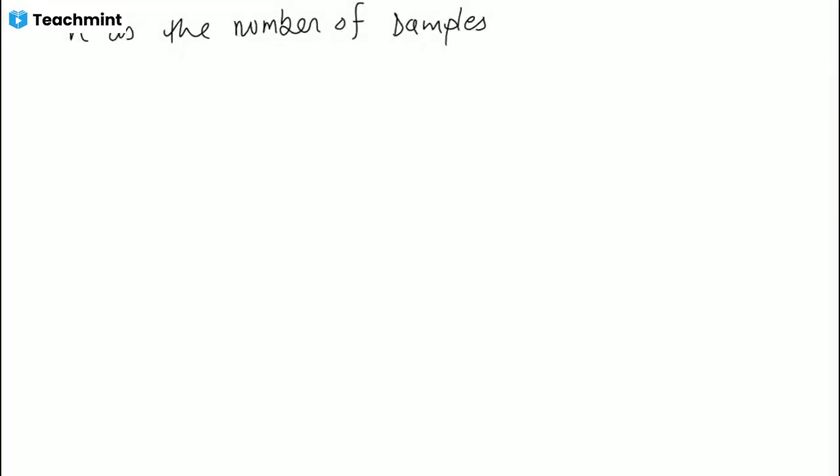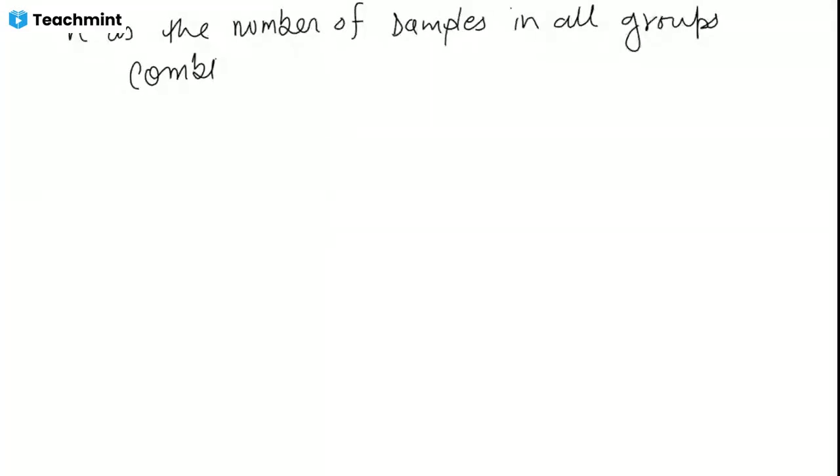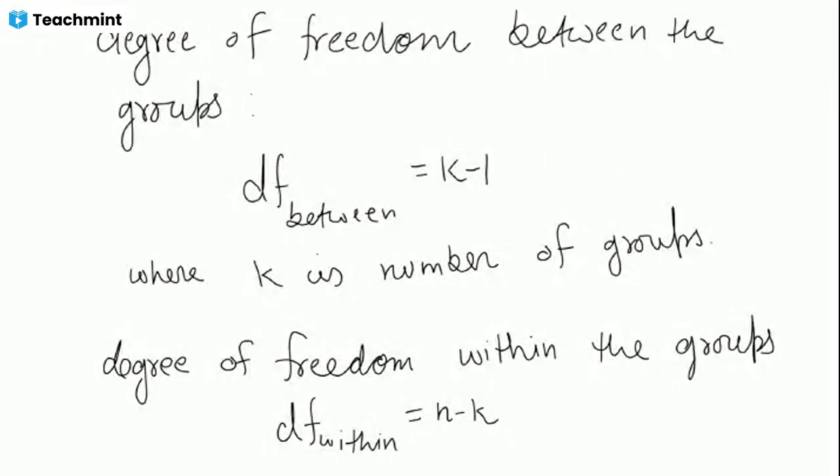Here n is the number of samples in all groups combined. K is already defined as the number of groups. So we have n minus k.